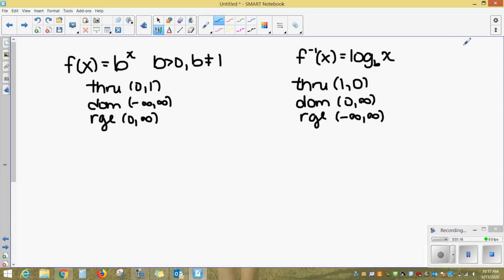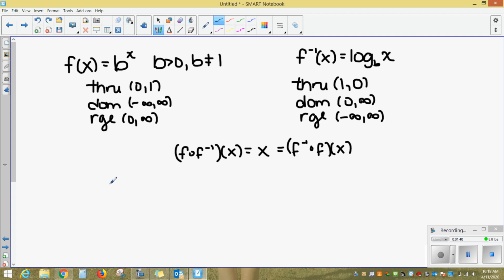The inverse of b to the x is the function log base b of x. So if we hop back to section 4.1, there are some things we know. We know that if we take the composition of a function with its inverse, then all that's left from that is plain old x.